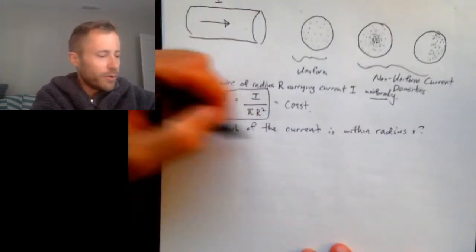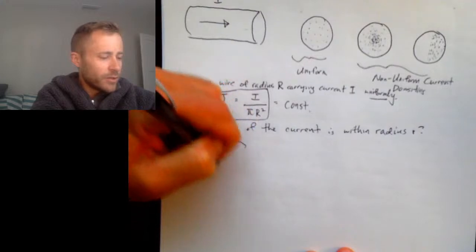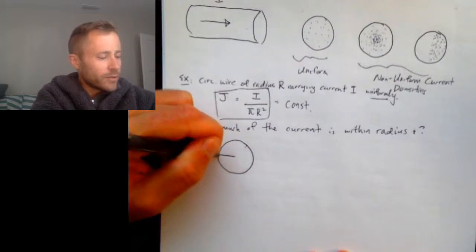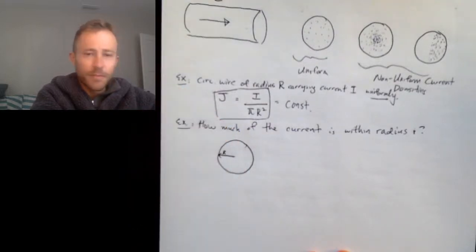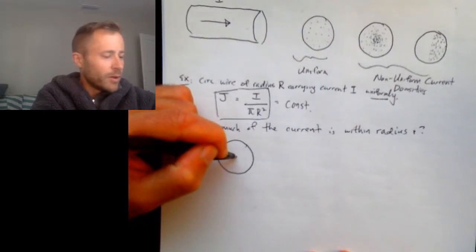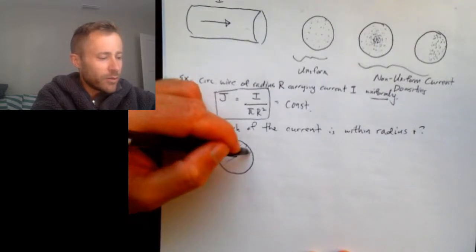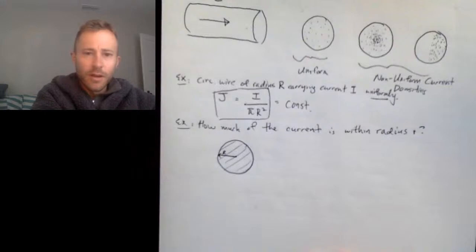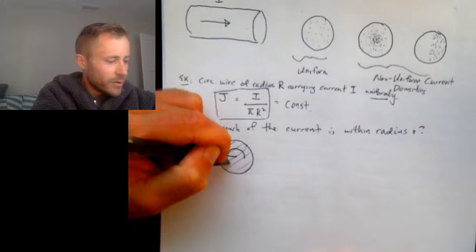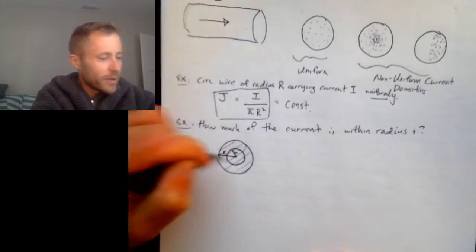If we think about this wire, let's just imagine looking at the cross section of the wire. The wire has a radius of big R, and we know the current is spread evenly throughout. What we want to know is how much is within this region that has a radius of little r.